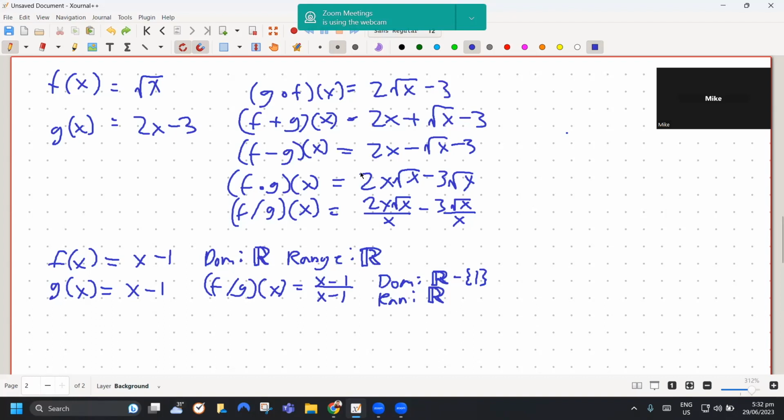The range is the set of all possible values of the function. Gamitin mo yung curly bracket notation to denote the set containing 1.